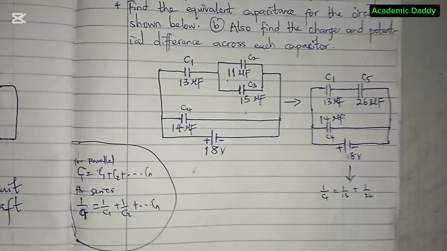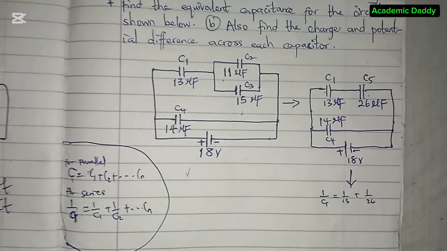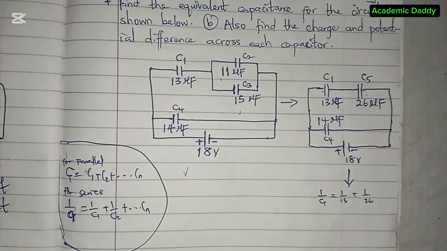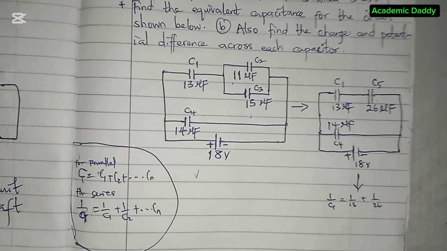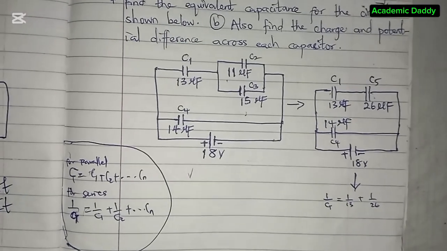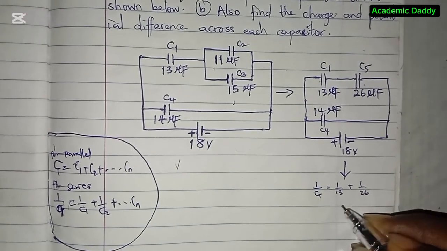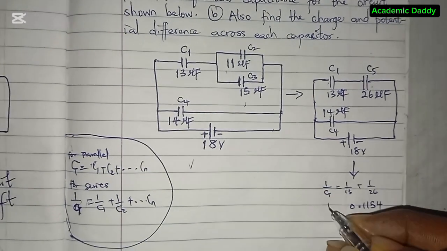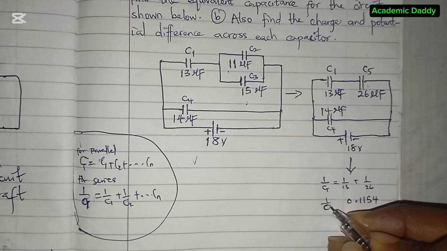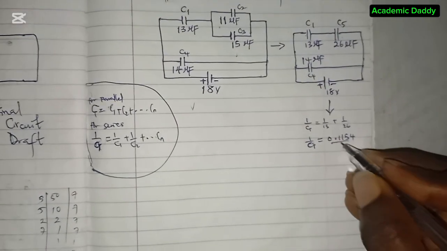Let me quickly do it with the calculator to see what I will get. So I get 1 over 13 plus 1 over 26, which equals 0.1154. So 1 over CT equals 0.1154. You know that anything standing alone is over 1.